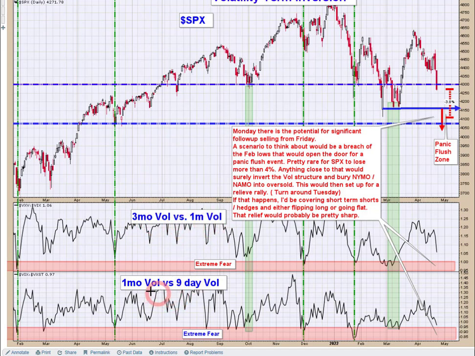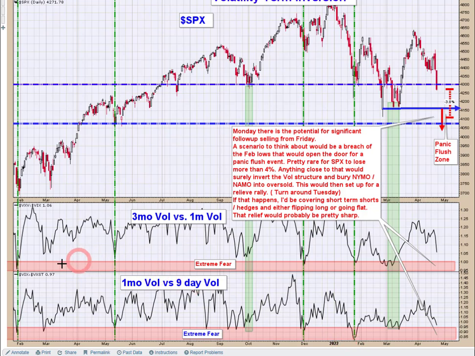And on the lower panel, we've got 1-month volatility versus 9-day volatility. When you get a volatility term inversion, denoted by the lower band in each of the panels where those volatility measures invert, those are often really good places to look for a snapback.